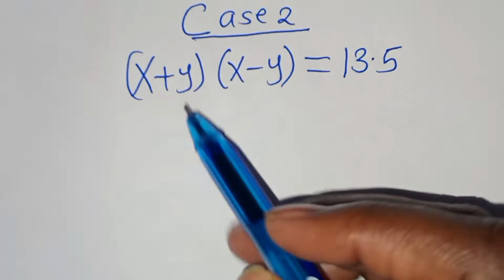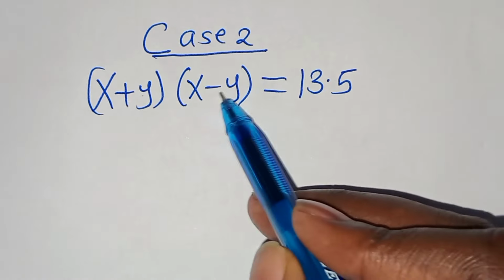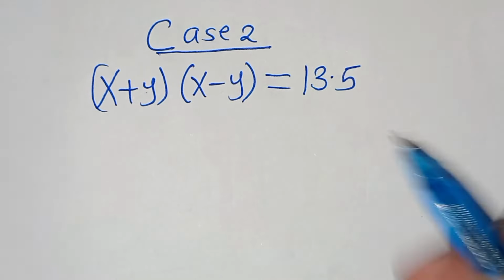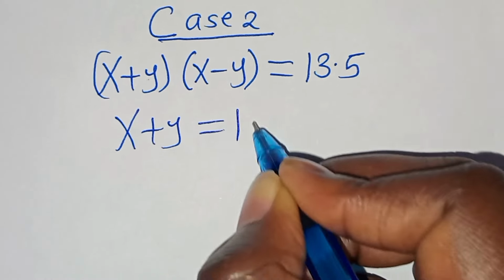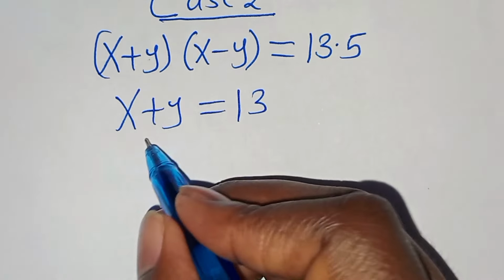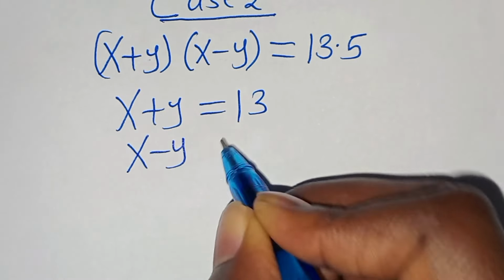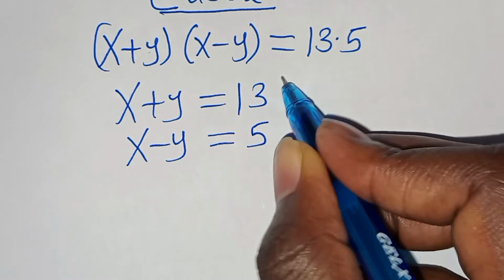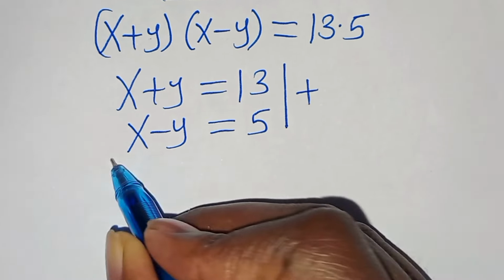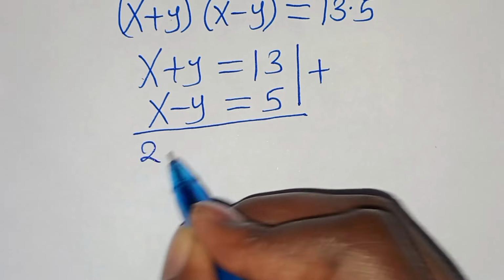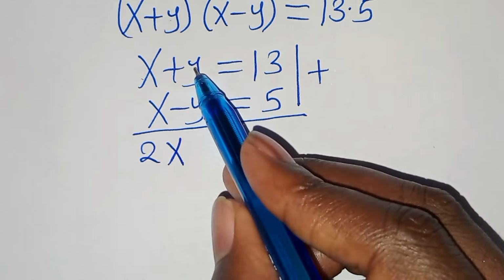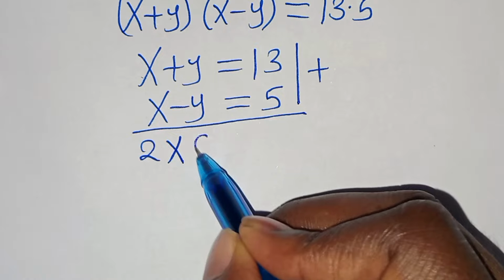In case 2, we have x plus y times x minus y, which is equal to 13 times 5. So we have x plus y equal to 13, and x minus y equal to 5. So let's add these two linear equations. x plus x is 2x, then y plus minus y cancels.